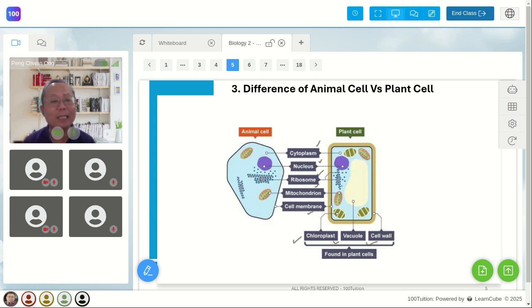I hope by this we will be able to remember the difference between animal cells and plant cells, and we can identify the organelles in the diagram. Especially, usually the question will ask you about the mitochondria versus the ribosomes.